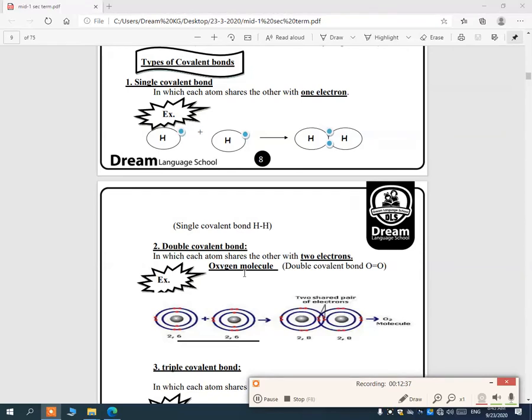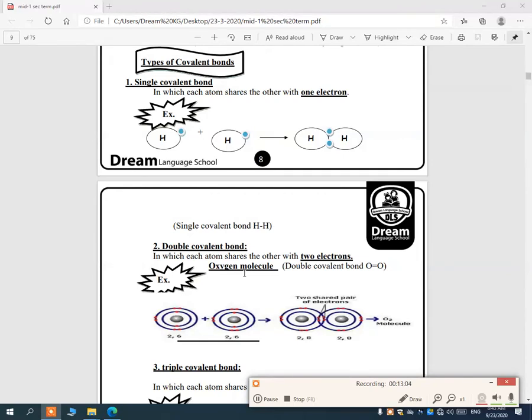Let's first talk about the single covalent bond. The single covalent bond happens between two nonmetals where each atom shares one electron only. For example, in the hydrogen molecule, each hydrogen atom shares one electron with the other, so the bond inside the hydrogen molecule is a single covalent bond.